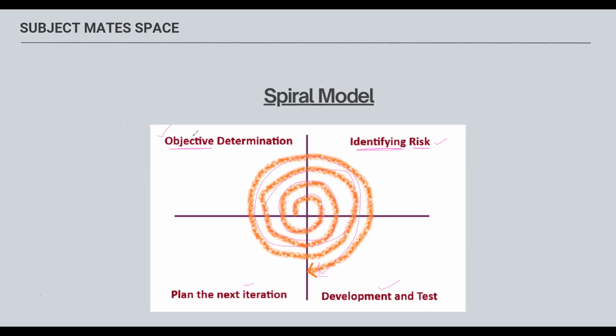First is objective determination, where we understand the objective. Second is identifying risk, where we understand the risks involved. Third, after clearing all the risks, we develop and test the features and application. Fourth, we plan the next iteration. Got it? So this was about the spiral model.